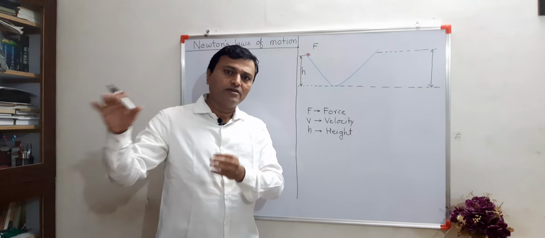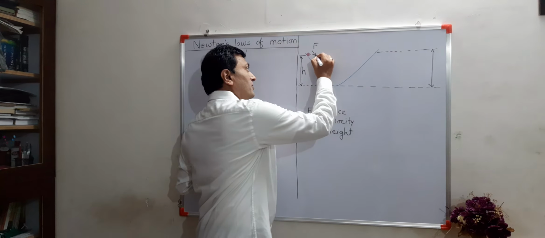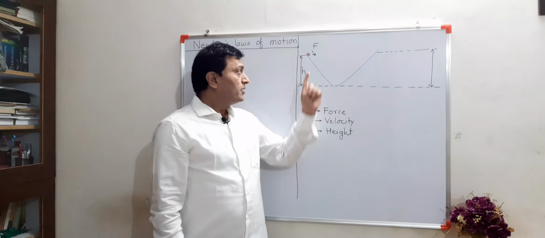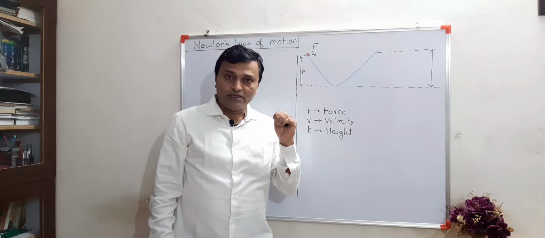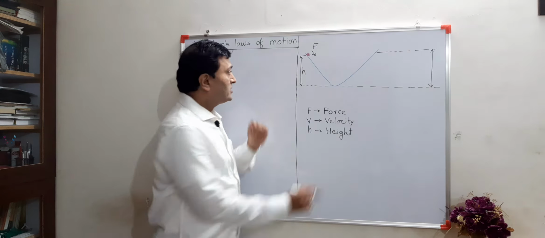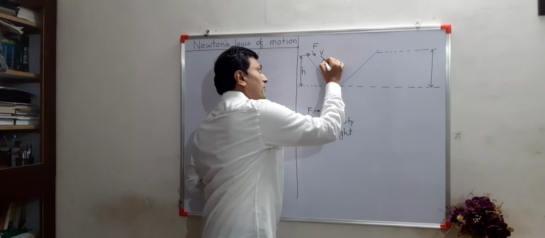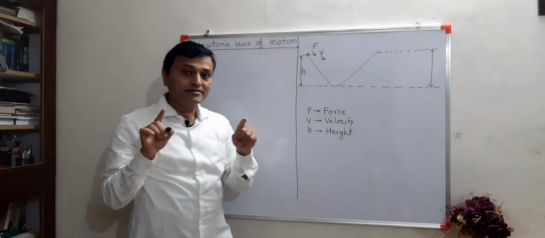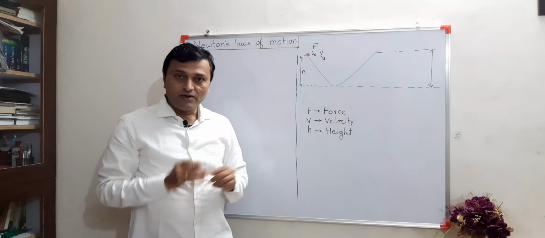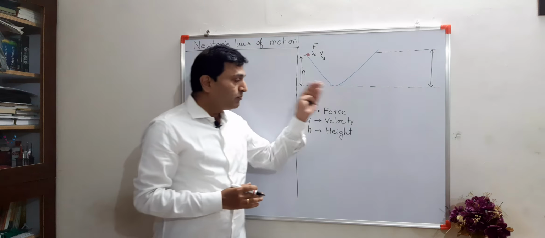That is a different thing, okay, but the force is along the slope in the downward direction. Therefore its velocity will continuously increase. Means velocity and force are in the same direction. Therefore its velocity will continuously increase up to the bottom point.